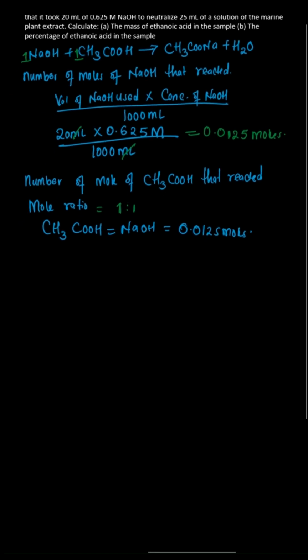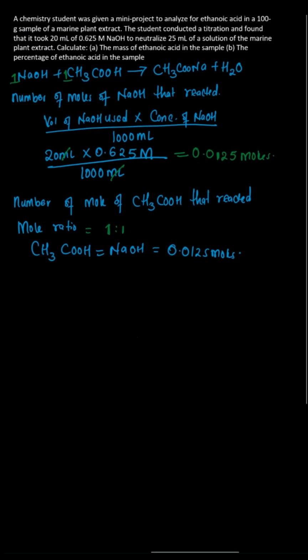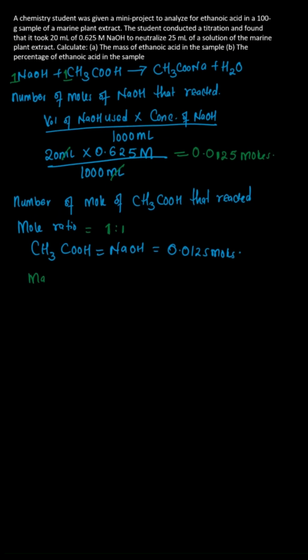Okay, now we calculate the mass of ethanoic acid. We know that mass is given by number of moles multiplied by relative molecular weight or relative formula mass, RFM. The RFM of ethanoic acid, CH3COOH: we have 2 carbons.